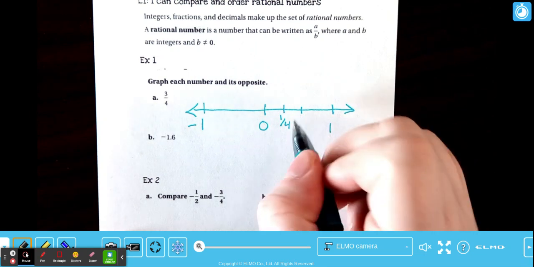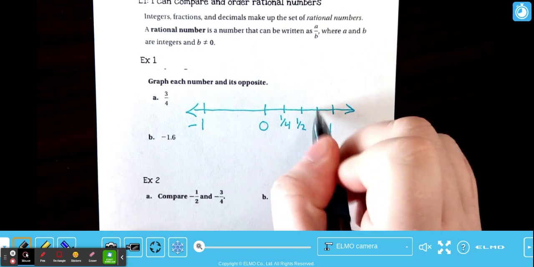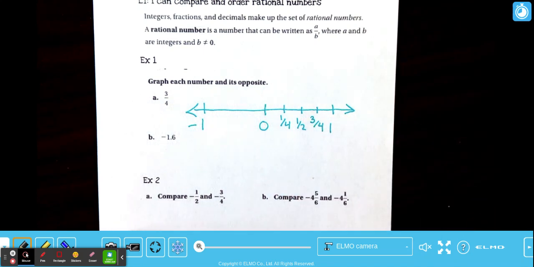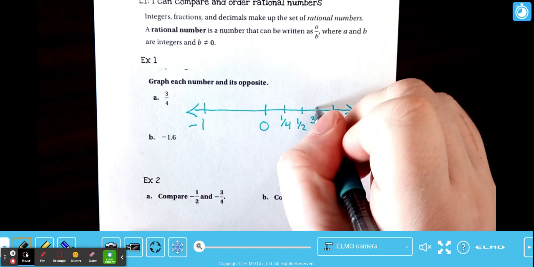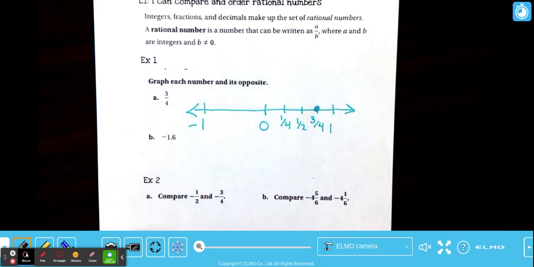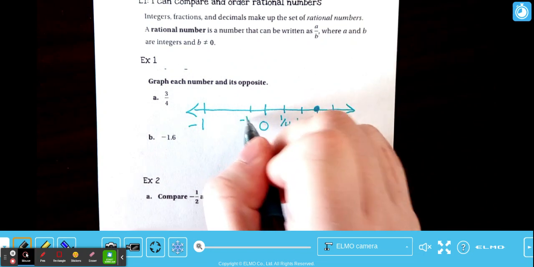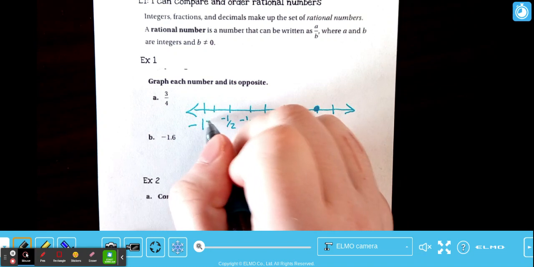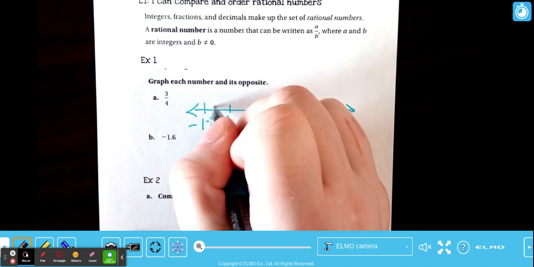Oh, 1/2. Okay, and then 3/4, right? So I'm just counting up by fourths, and then 4/4 would be 1 whole, right? Okay, so we're going to put a dot right here. All right, then going the other way, we will have -1/4, -1/2, and -3/4, and put a dot on -3/4.